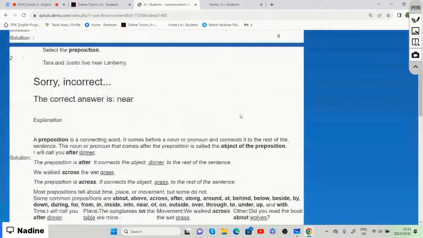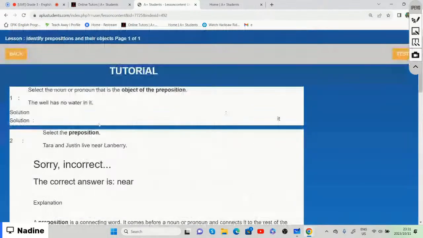The well has no water in it. If we look at that sentence, in is our preposition.